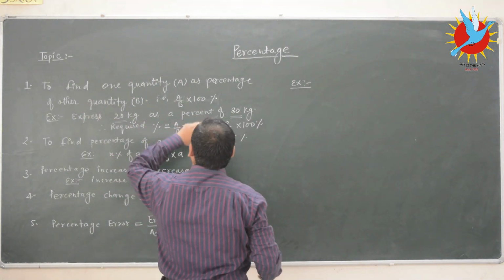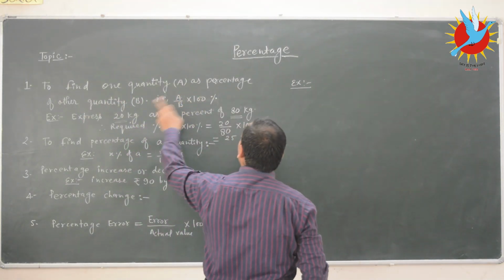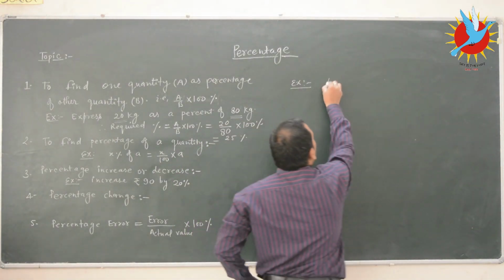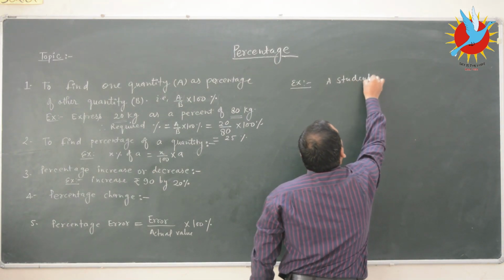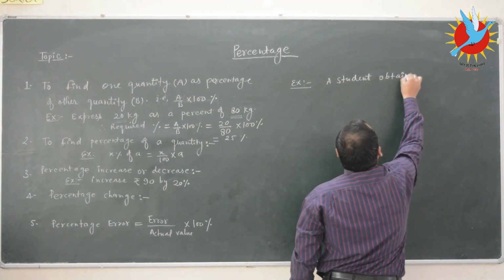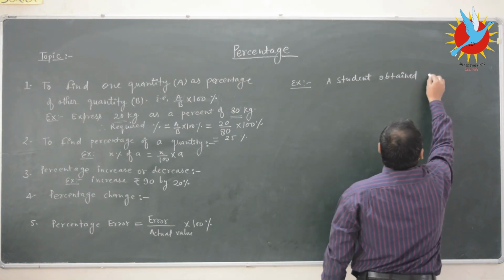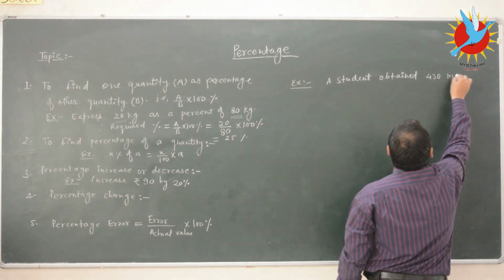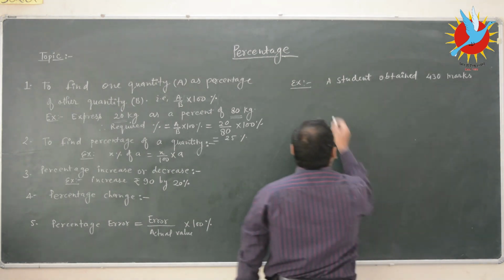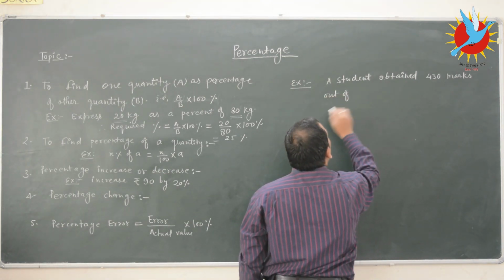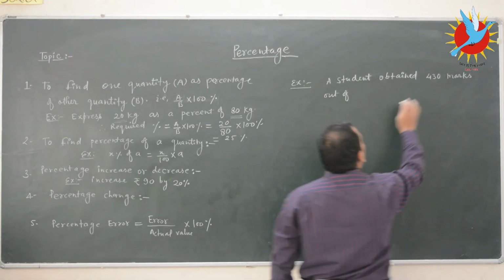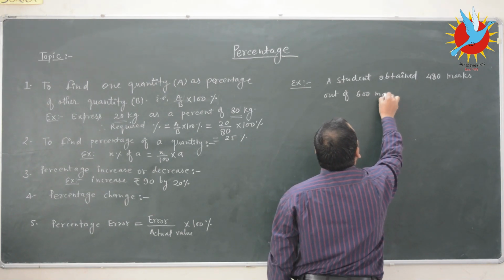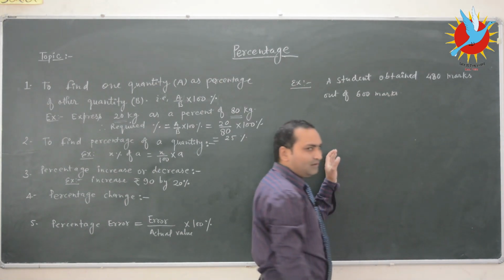For the first topic, to find one quantity A as a percentage of the other quantity B, consider a student who obtains 480 marks out of 600 marks. How will we find the percentage?